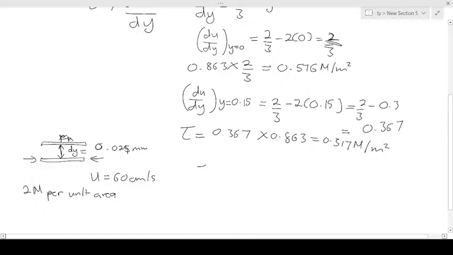So this 2 newtons per unit area is basically pressure, because it's force over area. So this is the pressure required to maintain the speed. It says now determine the fluid viscosity between the plates.